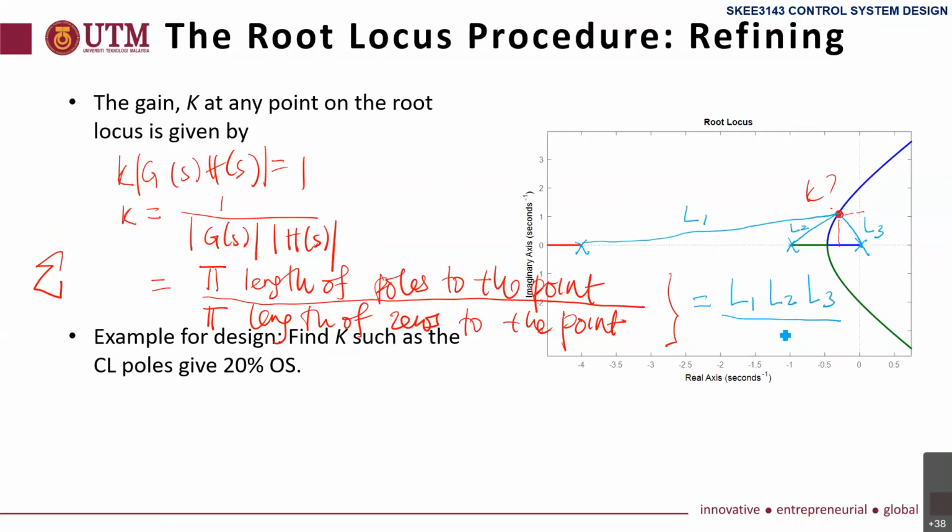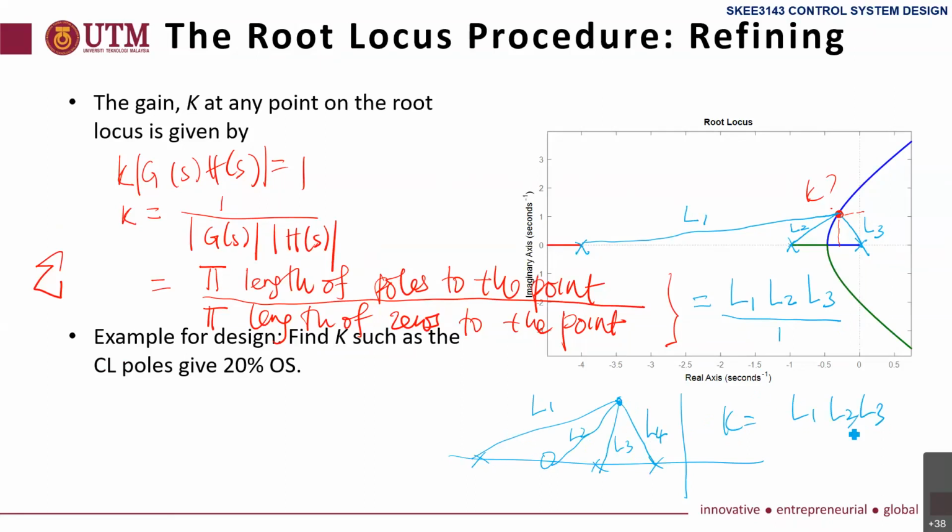If not, divide by 1, because there is no zero. For example, if I need the point here, then L1, L2, L3 and L4. Then K is L1, L3, L4 divided by L2.